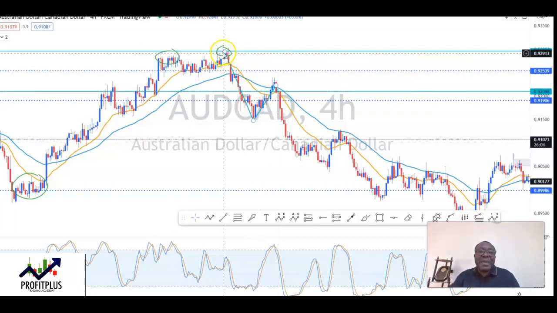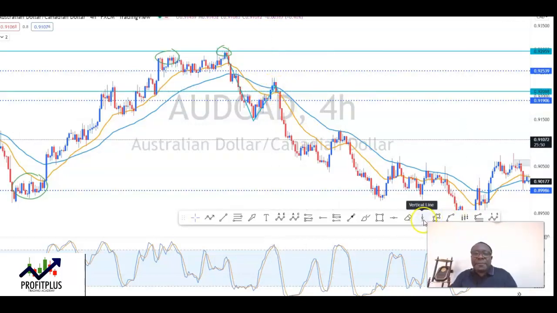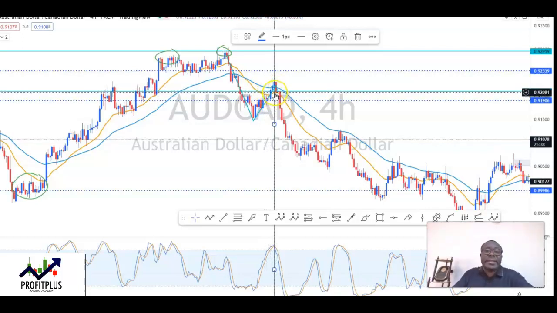When the price has made an impulse, of course, there will be a correction, there will be a retracement, and I want that retracement to enter into the reversal zone. Okay, so right here, the reversal zone, I'll take a vertical line. Let's put a vertical line there. Exactly. Okay, here price has entered between the 50 and the 21 EMA, so it has entered that area.